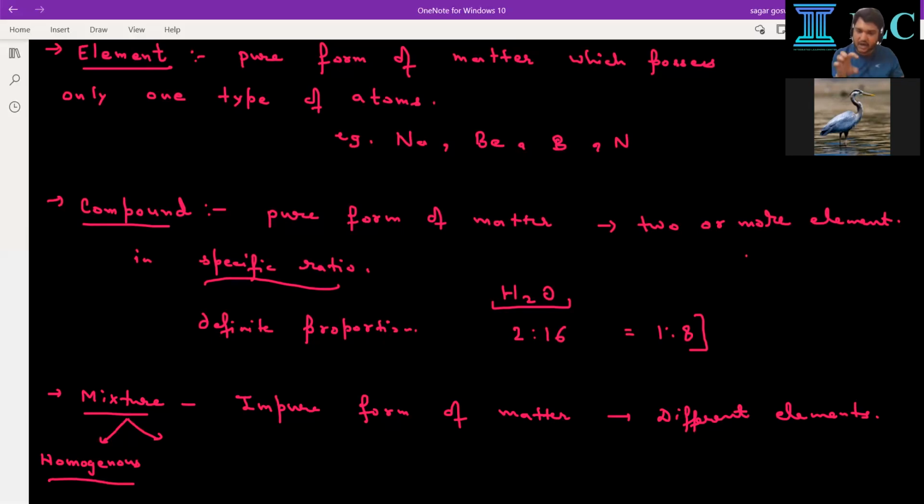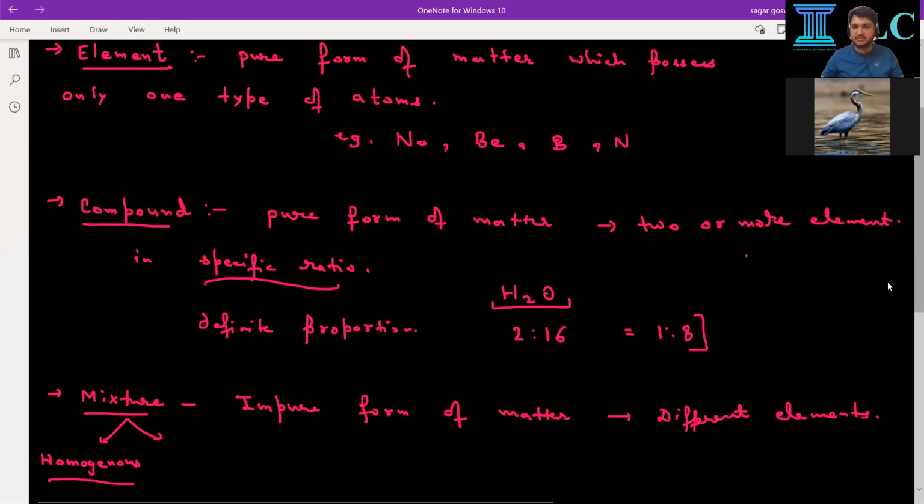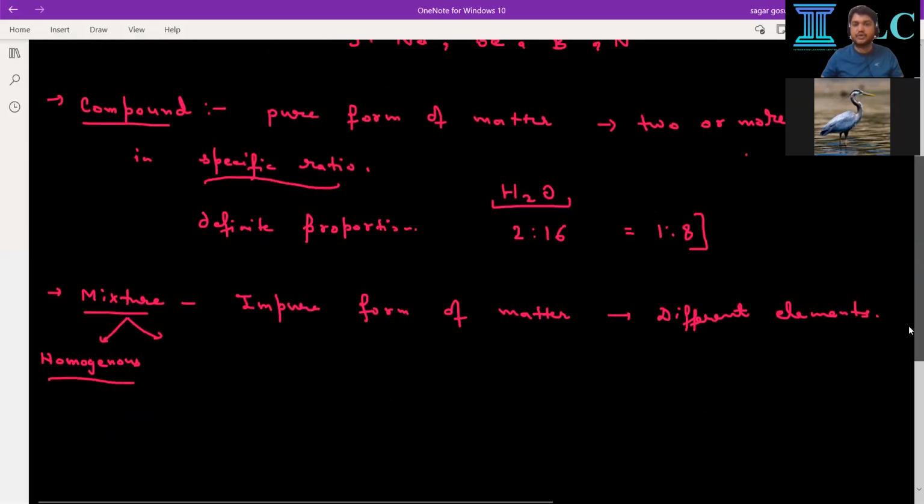It is uniformly mixed. Yes, it is completely mixed, right? You will get the same taste at the upper layer, the middle layer, and the downward layer, because salt can easily dissolve. So it is a homogeneous mixture. Homogeneous mixture means which has a uniform composition.